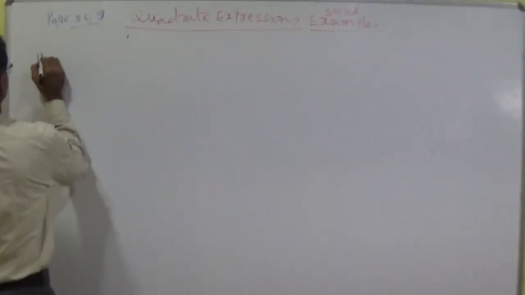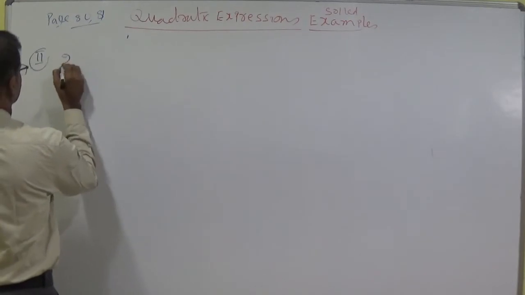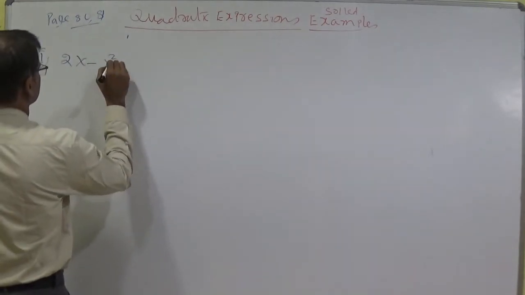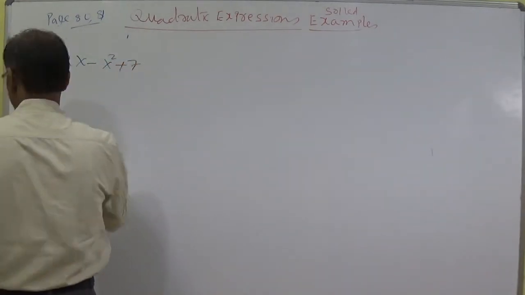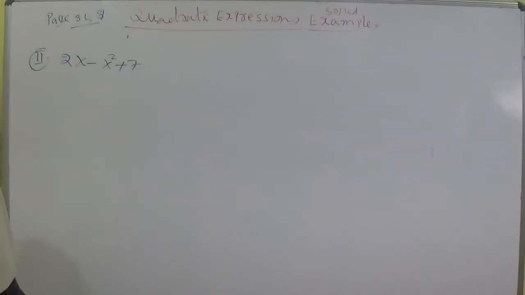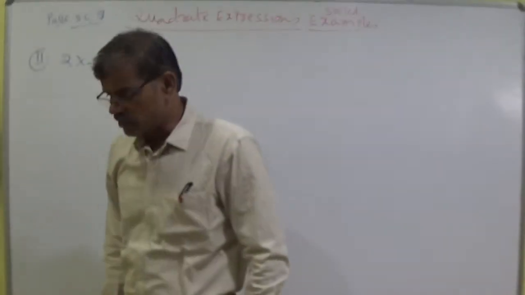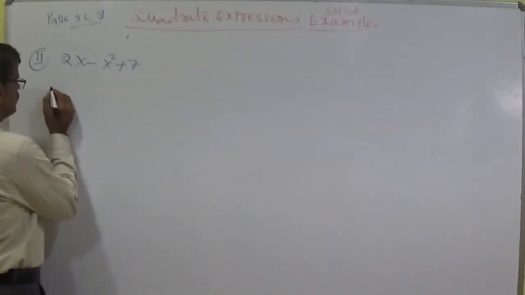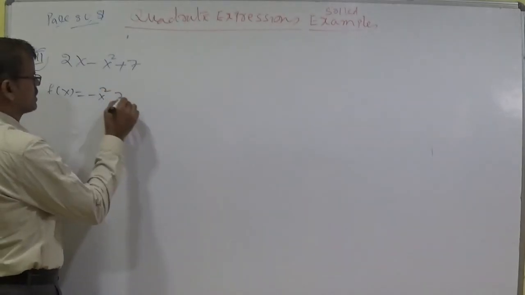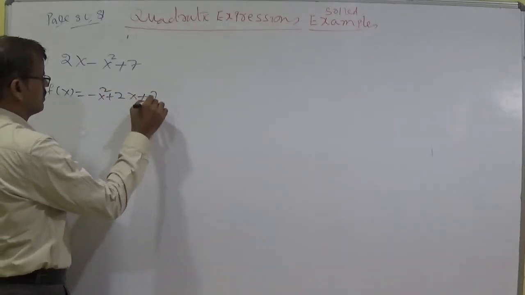Second example, 2x minus x square plus 7. We should calculate whether the function is max or min, and decide the value of min or max. First of all, you can write given f of x as minus x square plus 2x plus 7.